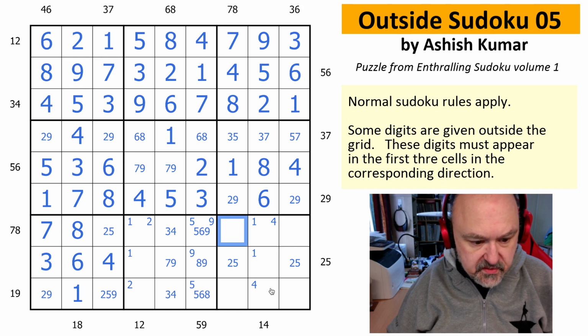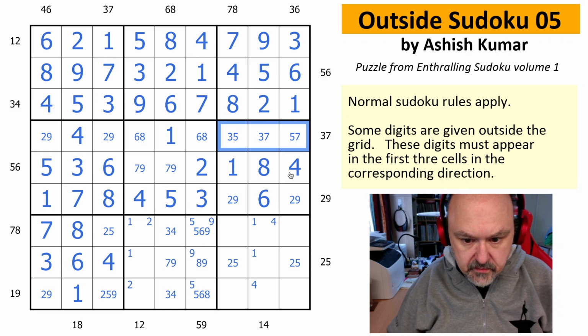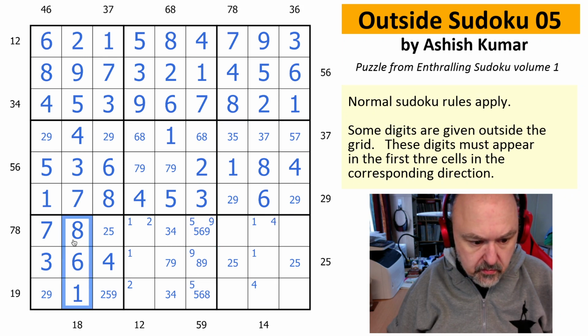I am almost certainly missing something blindingly obvious here. 7 is done, 2, 9 is done, 2, 5, 1, 4, 1, 8, 9. I get the feeling I'm done with the outside clues and now I'm just missing basic scanning.